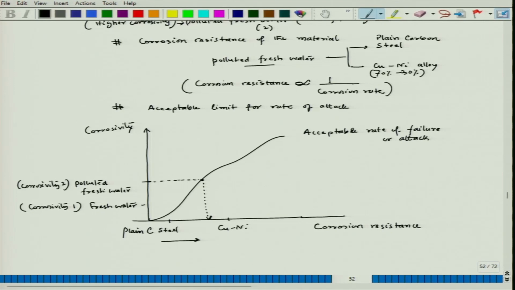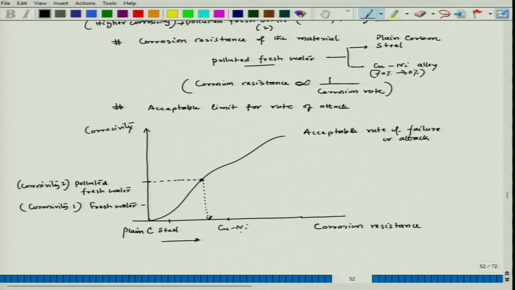Now, when I put polluted fresh water, I can go to a point on the acceptable rate of failure, and I know that if this is the acceptable rate of failure, plain carbon steel cannot hold good because that rate is much higher than the plain carbon steel corrosion resistance.